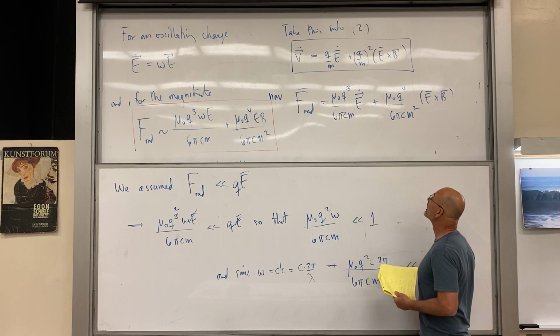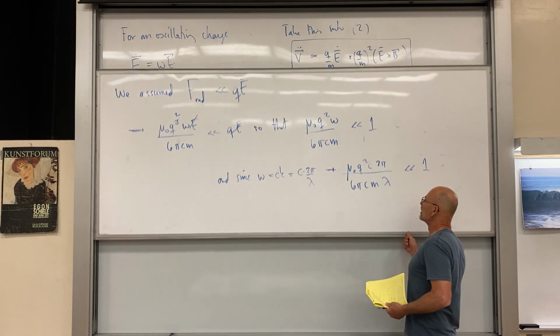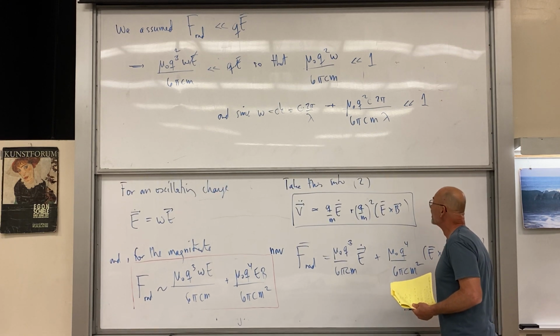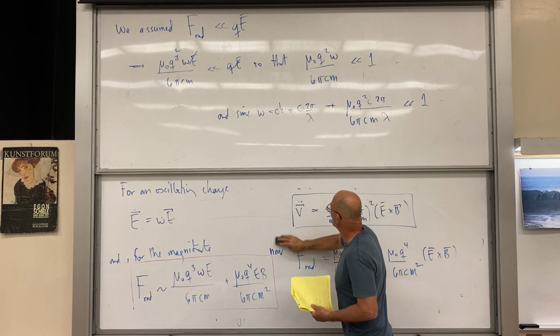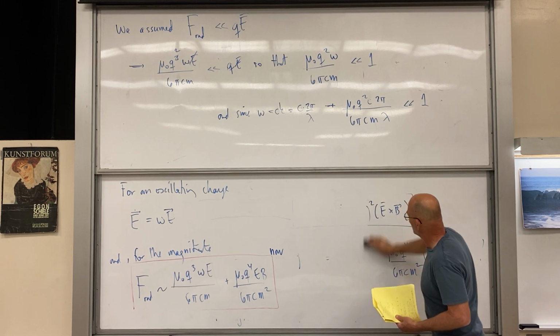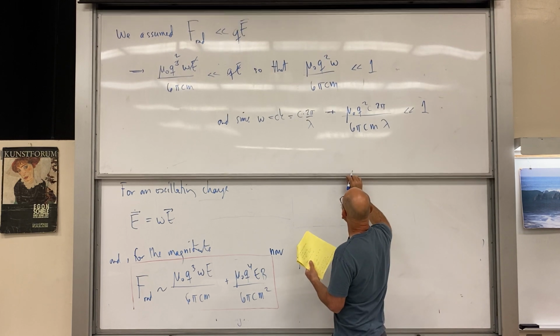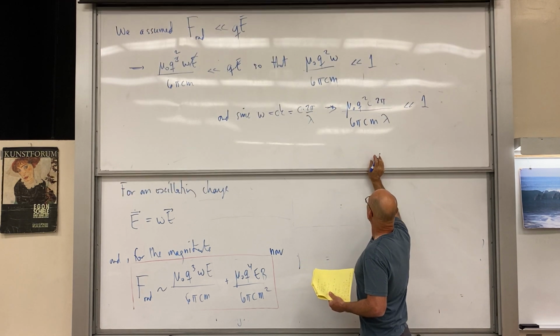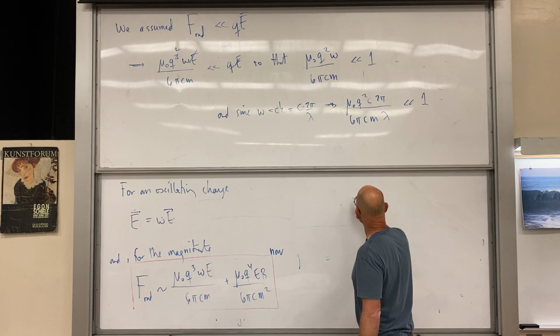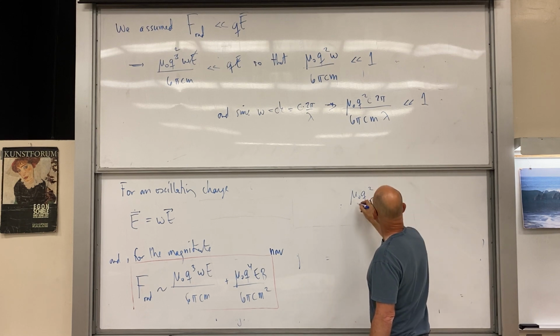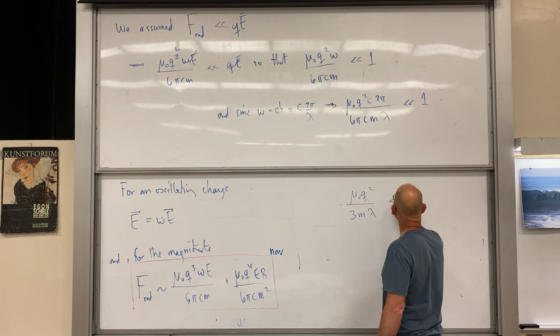And we're not done with this. So what do we have here? The c cancels, and we have mu naught q squared, 2 pi over 6 pi will be 3, so 3 m lambda, much less than 1.